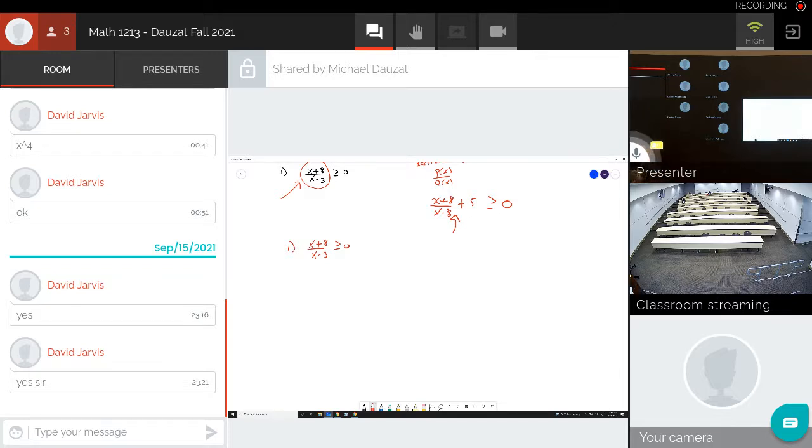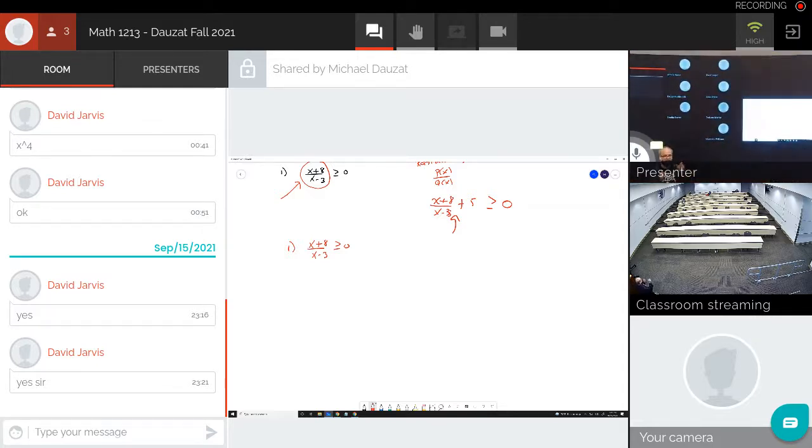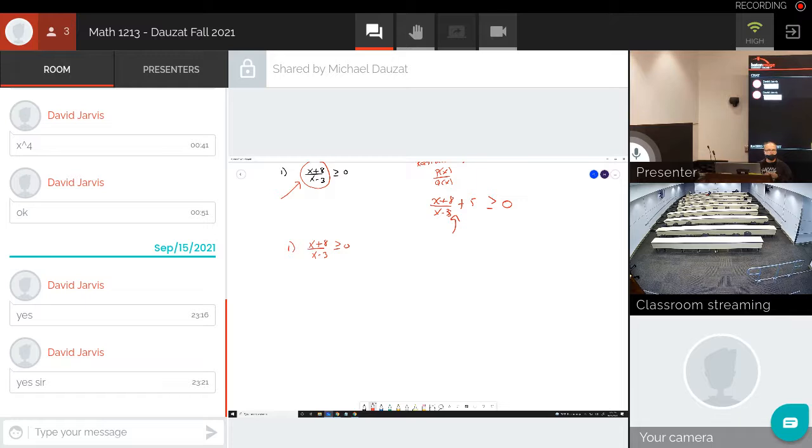Now, step number 2 is this. You look at the numerator and the denominator, steps 2 and 3. Step number 2 says you've got to find the zeros of this rational expression. What I'm going to write in blue is not the work you're going to show, it's just extra explanation, and it's in the videos as well.